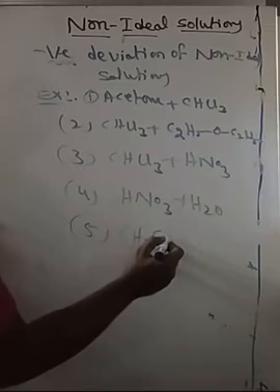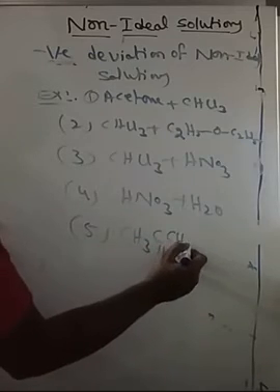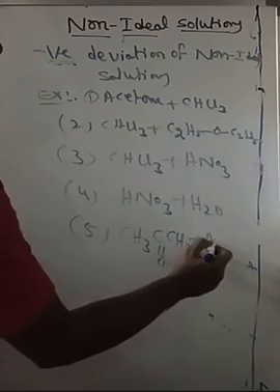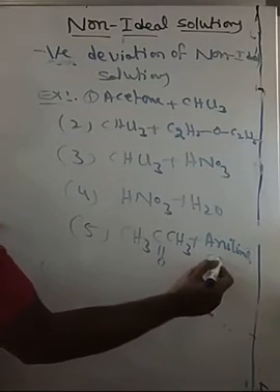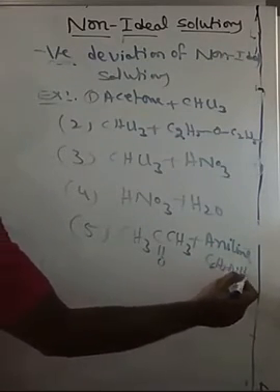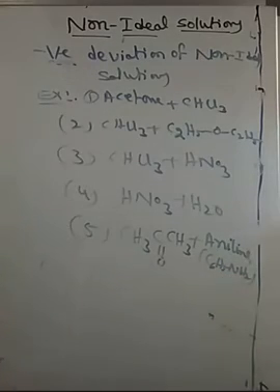Acetone formula is CH3COCH3 and aniline formula is C6H5NH2. So these are some examples of negative deviation of non-ideal solutions.